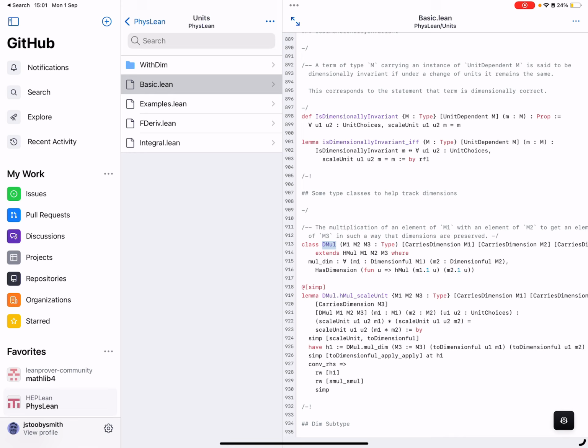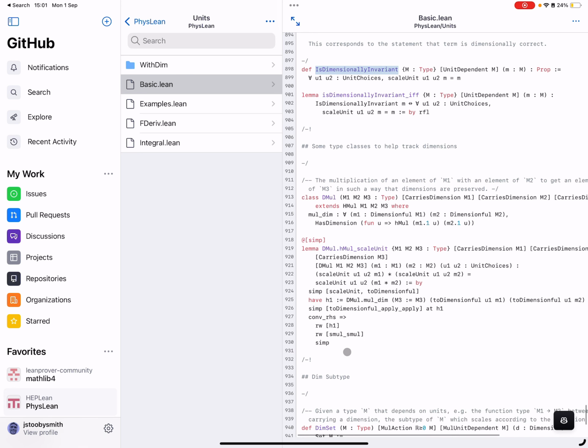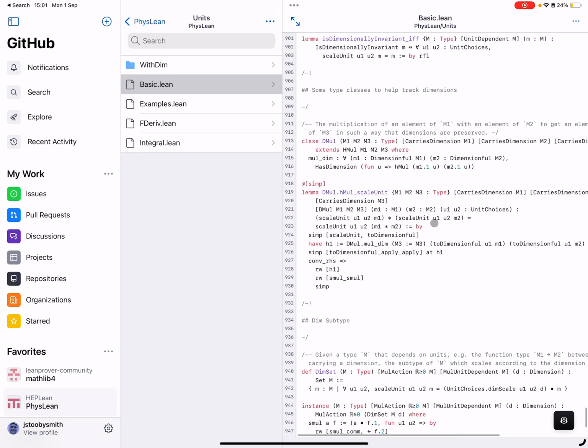And that can allow you to better prove that certain things satisfy this property here. So these sorts of things you can define to track dimensions, to make sure you can't multiply things of different dimensions or divide two things of different dimensions, within PhysLean. They are basically there to help you prove stuff about this is dimensionally invariant. And these sorts of structures can be improved.